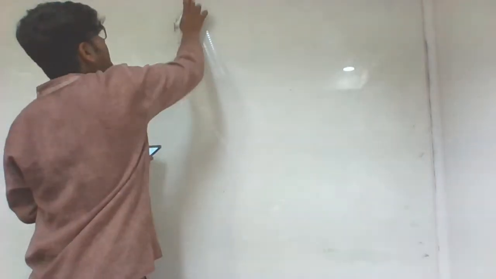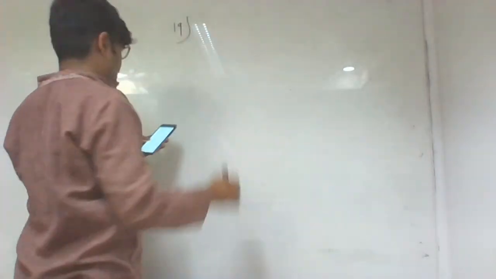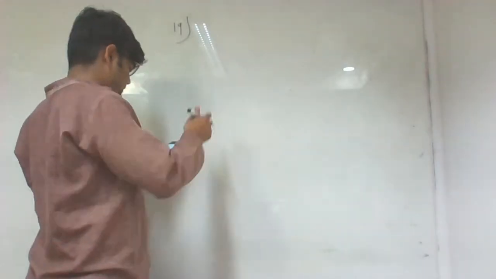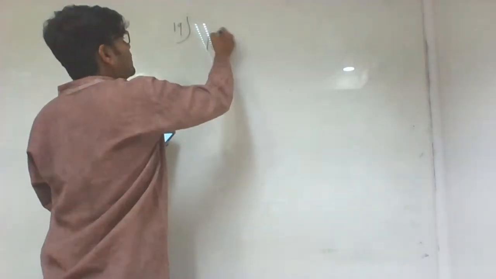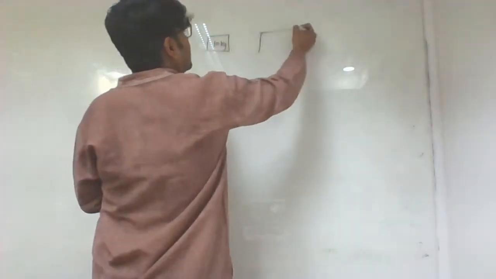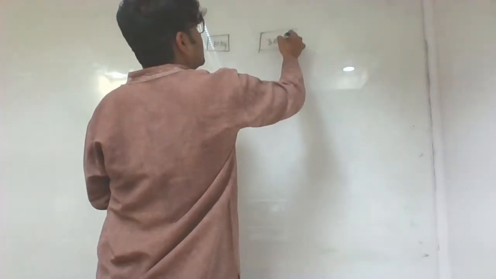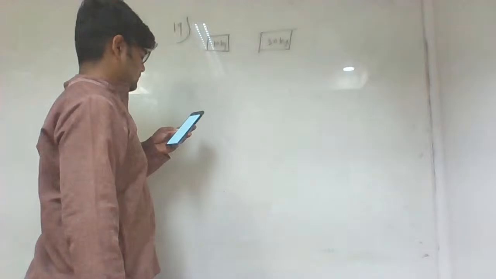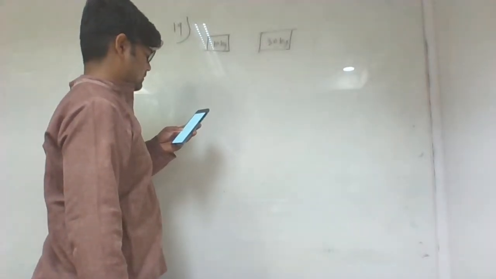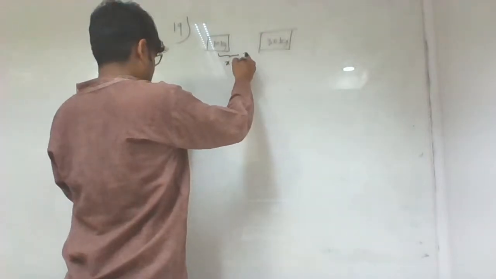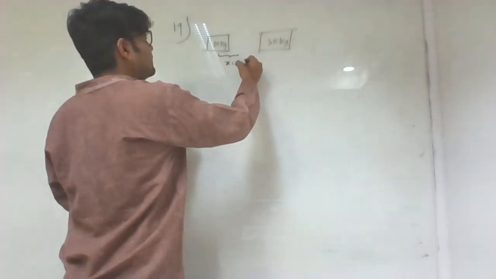Okay, question number 19. Two blocks of 10 kg and 30 kg. So this has been shifted by x equal to 6 centimeters.